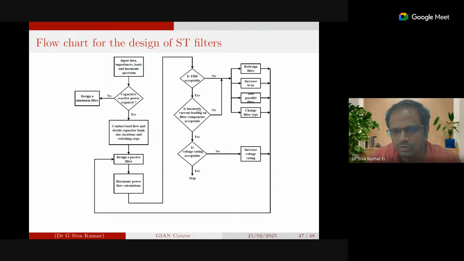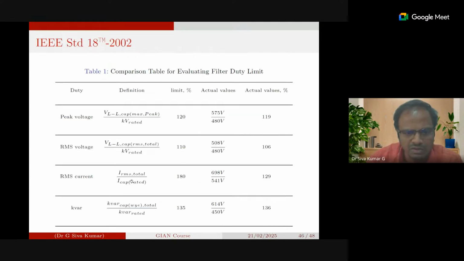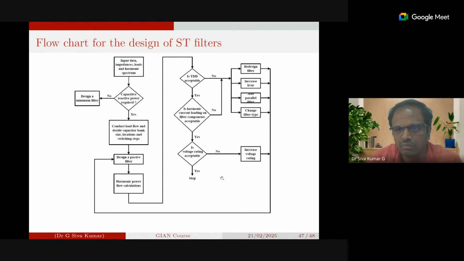If no at the harmonic current loading, as we have seen with the RMS current, it is not matching, then we need to redesign the filter: increase the kVAR, add parallel filters, or change the filter type. If it is not within the acceptable voltage limit, we have to increase the voltage rating of the capacitor. This is a flowchart which can be used in designing your single tuned filter.